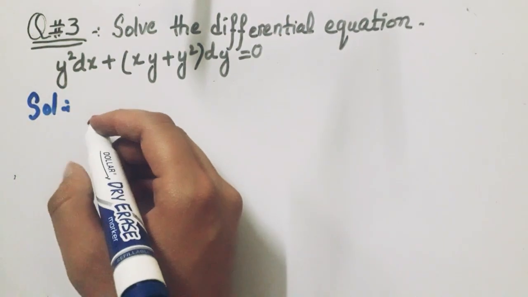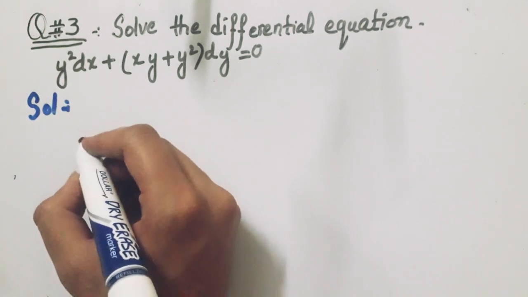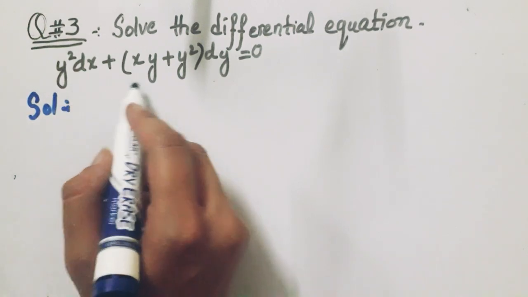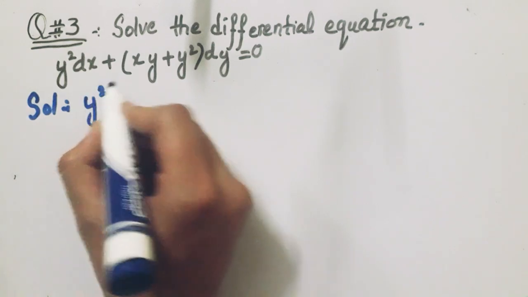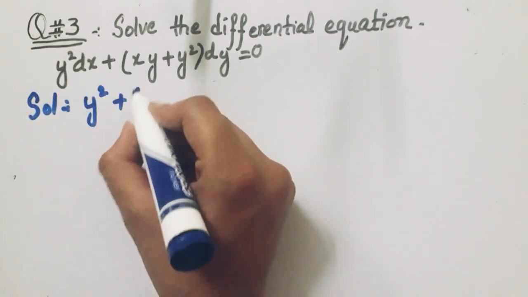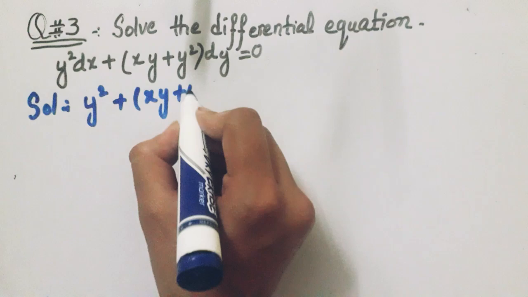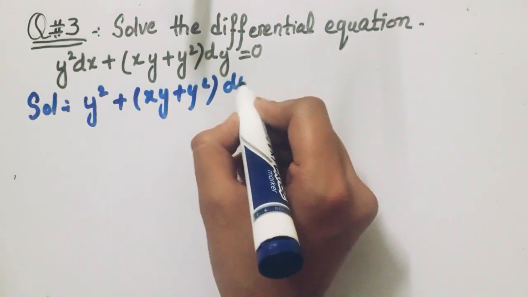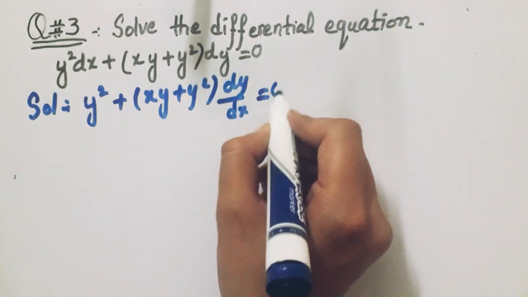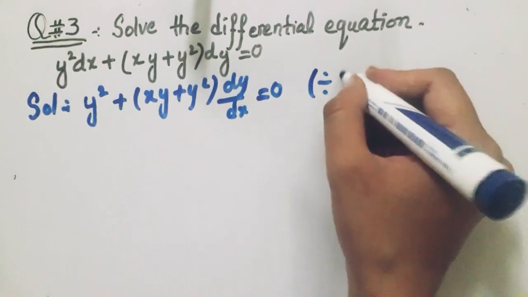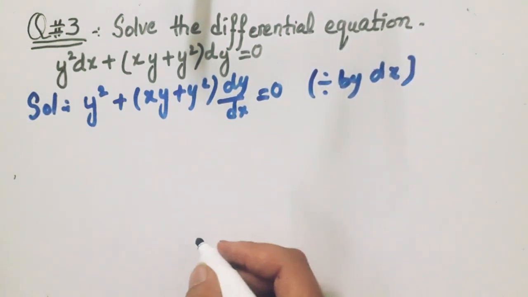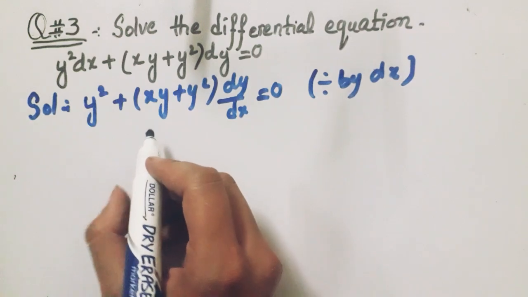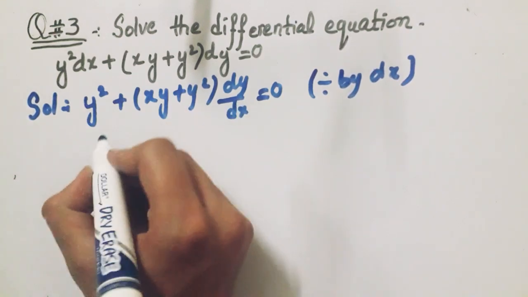First of all, we will divide the equation by dx. So it will become y square plus xy plus y square dy by dx is equal to 0. Now rearrange the equation to isolate dy by dx.